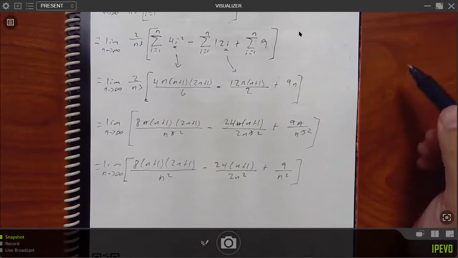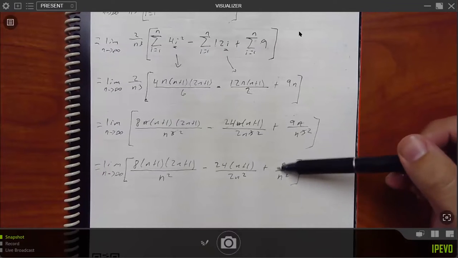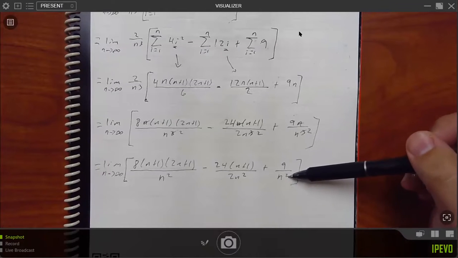Now, do you agree that this piece would go to 0 when n goes to infinity?